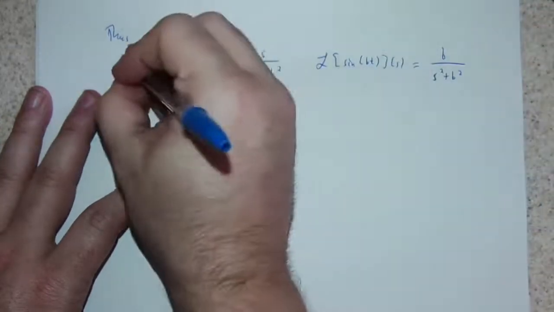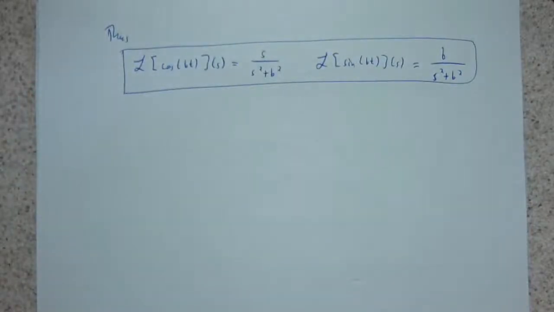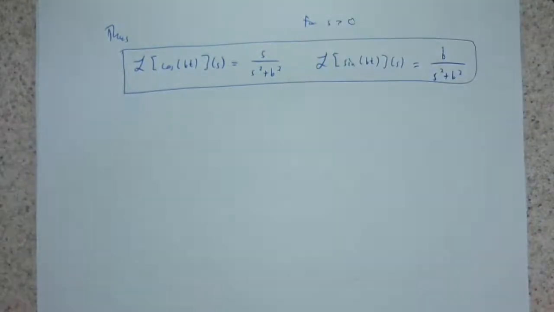Aha, so now we're getting somewhere. Okay, now we are happier here. Okay, and this was true. We had to assume that s was positive here, for s greater than 0.